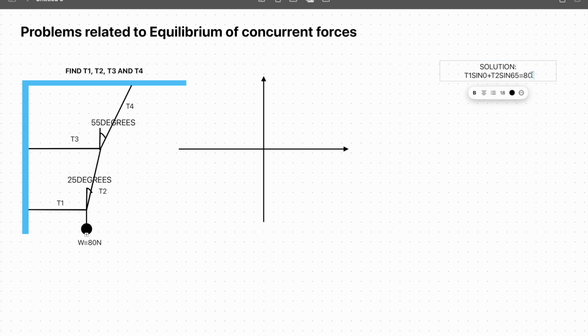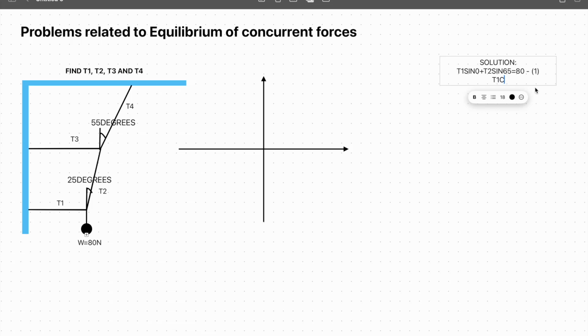This is an equation, equation number 1. Now we take the components along the x-axis of both tensions.